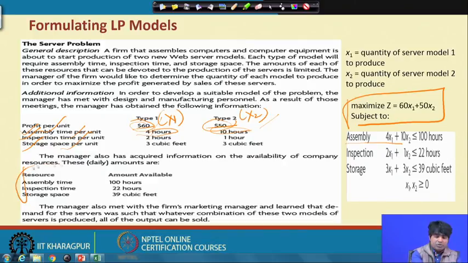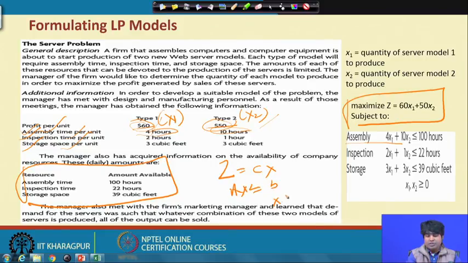This is part of the additional information, the right side information about the particular constraint. Technically, we have a system z equal to Cx, Ax less than or equal to b, and x greater than or equal to 0. So, we need the A coefficients, the C coefficients, and the b coefficients.